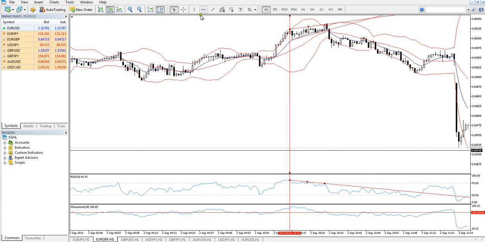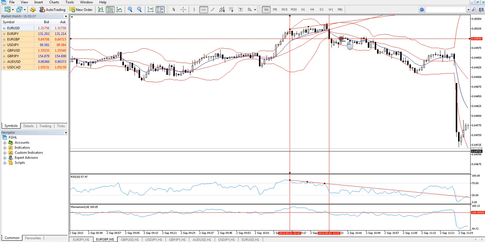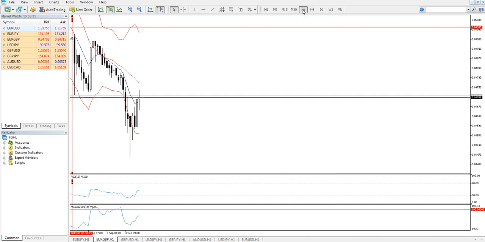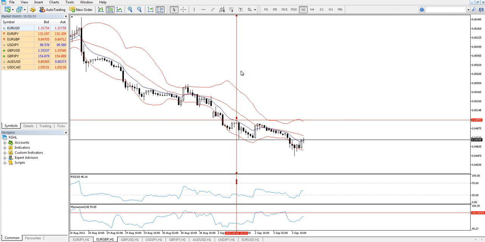So basically your point of entry would have been on that candle there. And I'm just going to mark up the actual level of entry. So if we go back to the H1 chart, if we just get rid of all the other lines, one there and that one, look how high we've entered that trade.